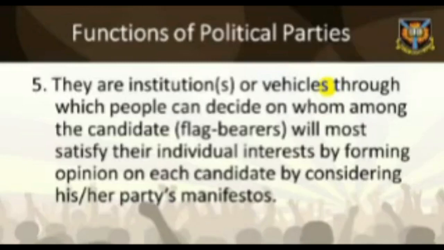This is because the party manifestos are supposed to reflect what each candidate represents, to show whether he is a communist or capitalist, secularist or sectarian, etc. It is the ideologies of the parties that will help the electorate to form opinion among the aspirants, which will make them finally make their political choice.